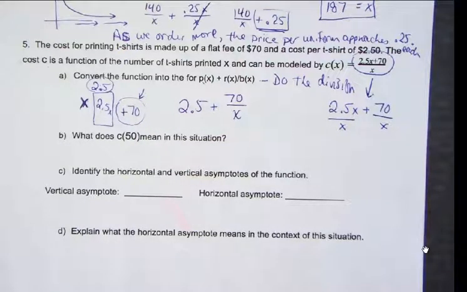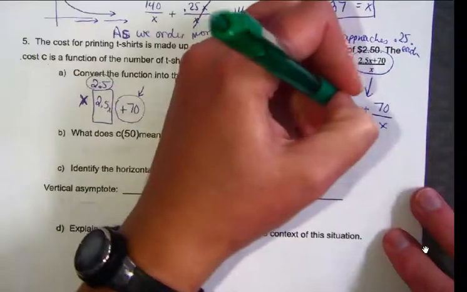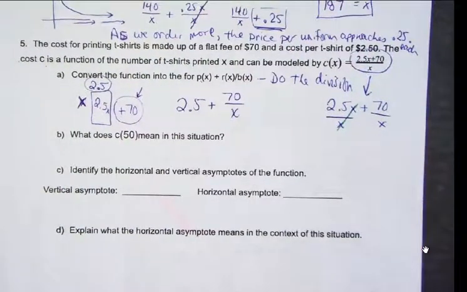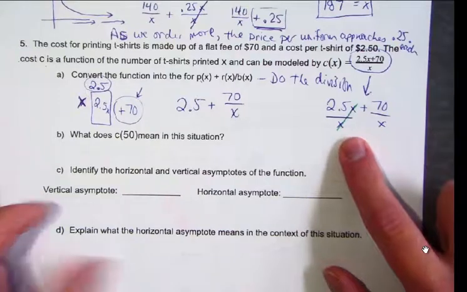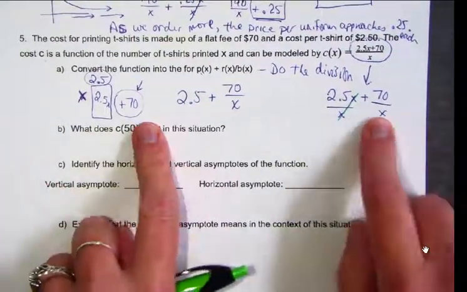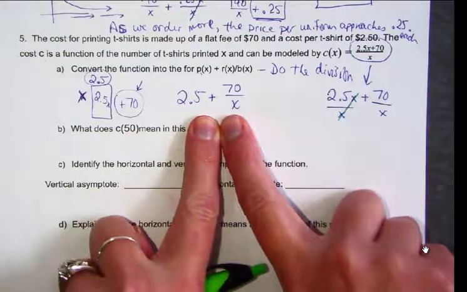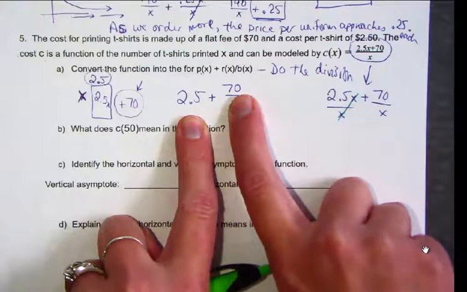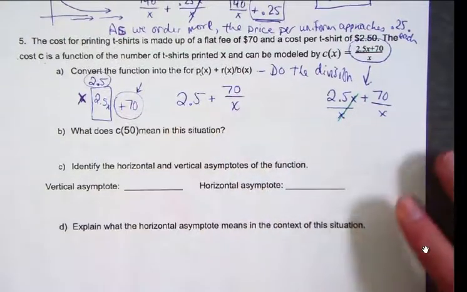And when we write it that way, it becomes pretty obvious here that we can cancel out the x's in the numerator and the denominator because they're multiplying and dividing. They're doing opposite operations. So either way you attack this, we're going to get to this solution here that we have a constant of 2.5, a numerator of 70, denominator of x.